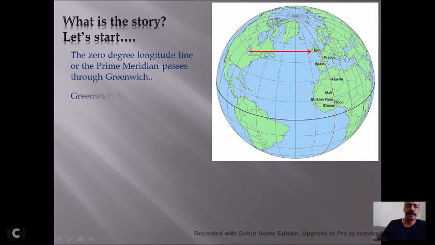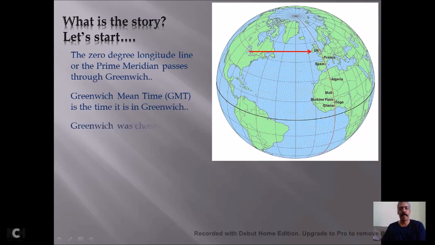Then Greenwich Mean Time or GMT is the time it is in Greenwich, and sometimes we name it the Greenwich Meridian. Greenwich was chosen as a lot of the world area charts were being drawn up in England at that time.